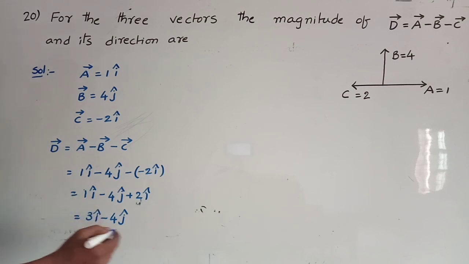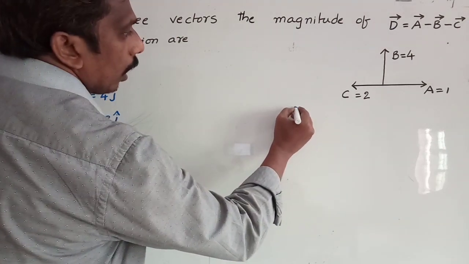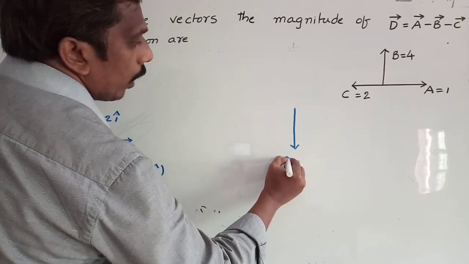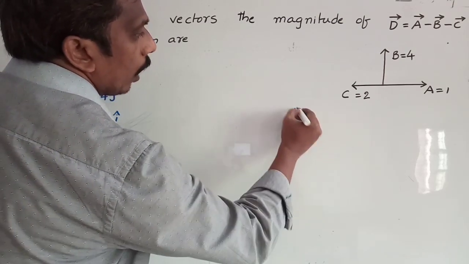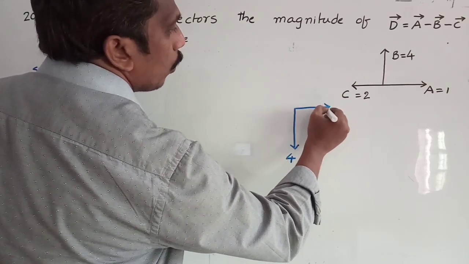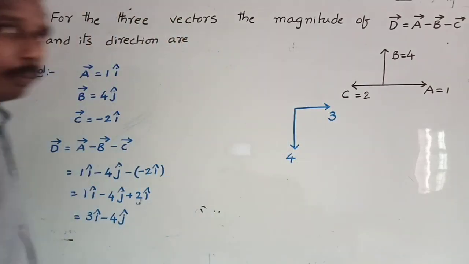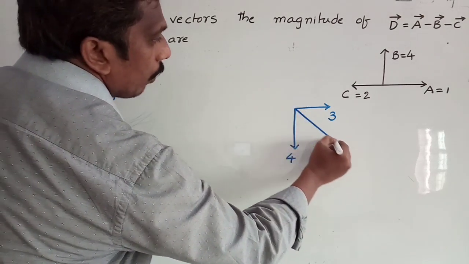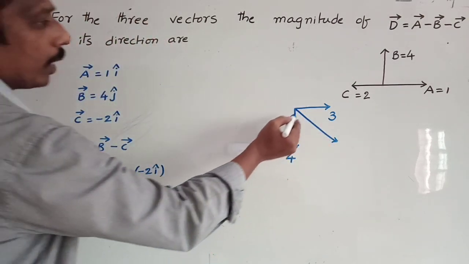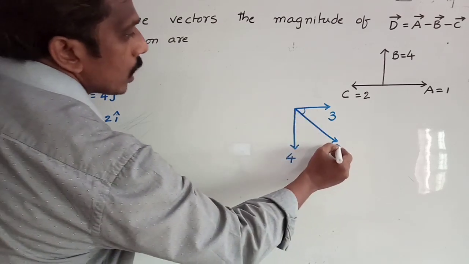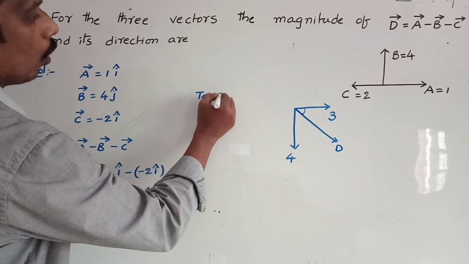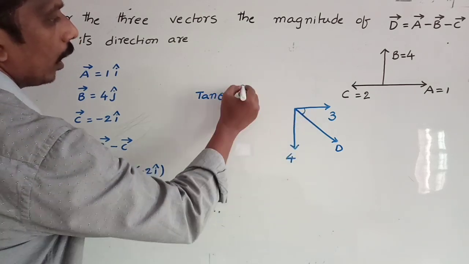Means the vector d bar is like this. Its one component is in the downward direction, 4, and another component is along the positive x axis direction, 3. Then this is the d bar vector. The angle made by the d bar with the positive x axis is taken as tan theta is equal to y coordinate by x coordinate.